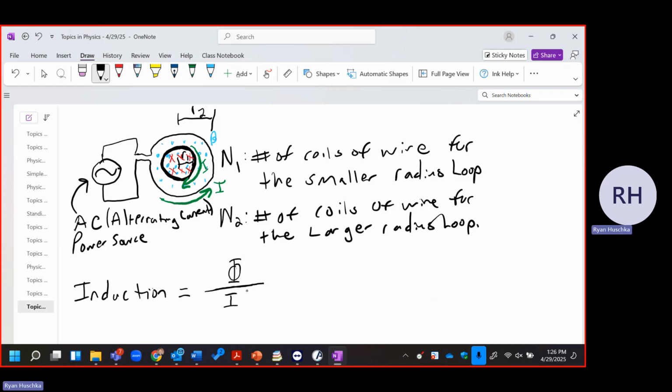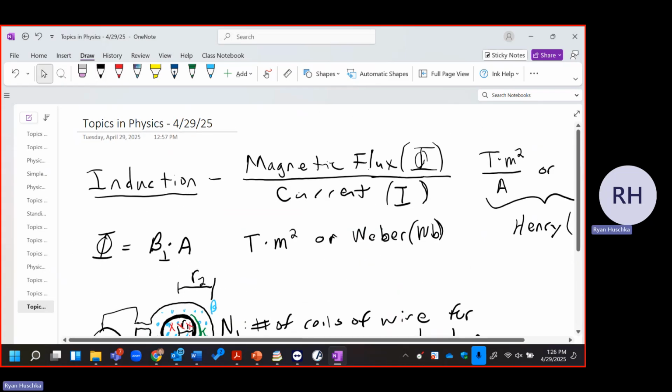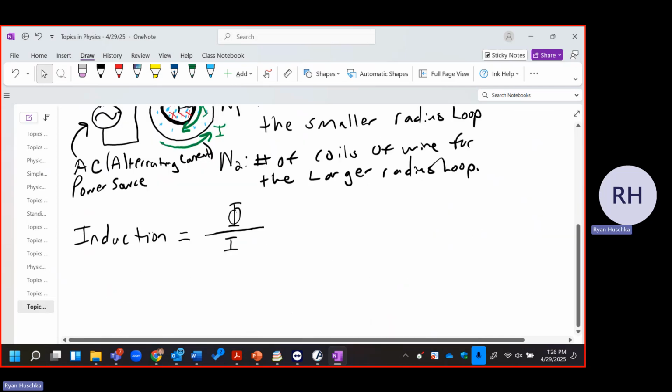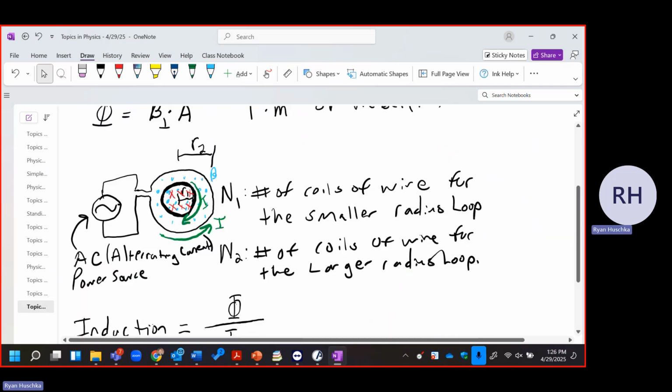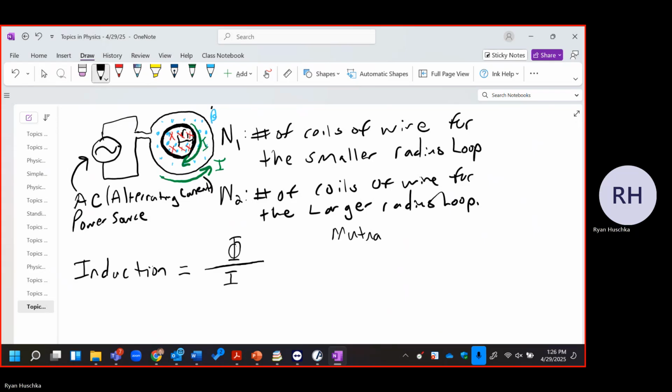All right. So we started out this little lesson saying our inductance is our magnetic flux divided by our current. What we're currently talking about here is what's called mutual inductance. You notice in the picture we just drew, we've got two currents.